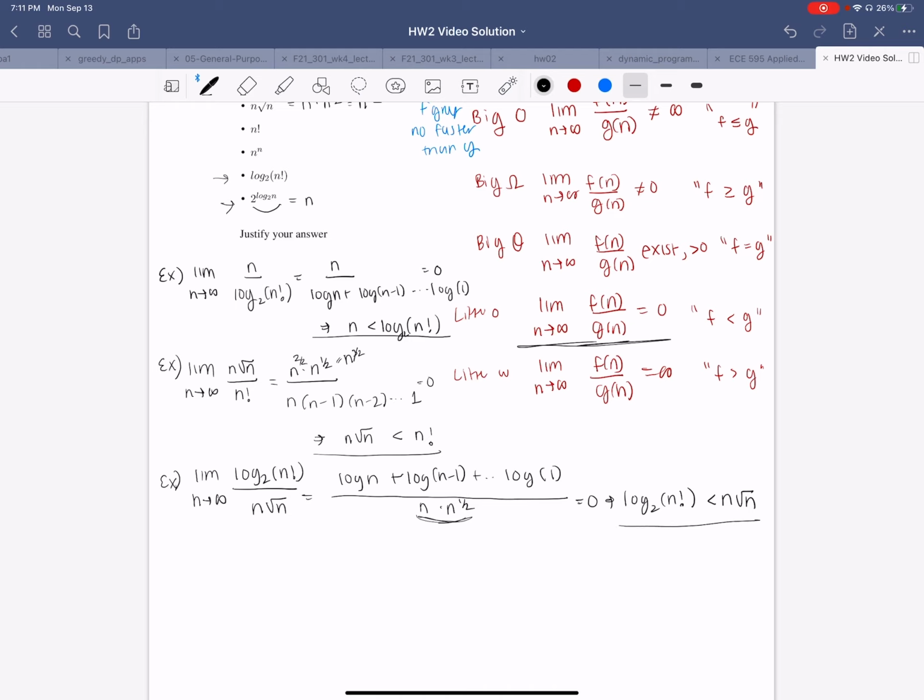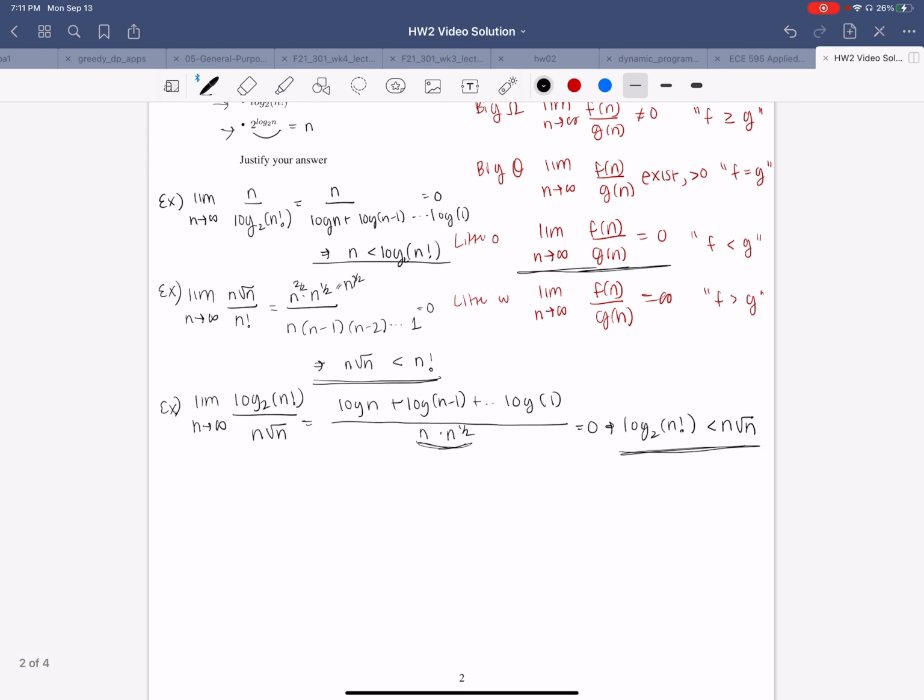So we have a couple of things here, but we can do only one final comparison to make our answer final. Why don't we compare this one right here and this? So I can say that the limit as n goes to infinity of n factorial over n to the power of n, this would be n times n minus 1 times n minus 2 all the way over to 1.